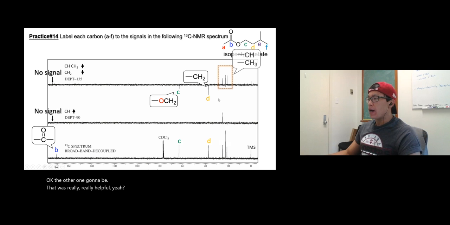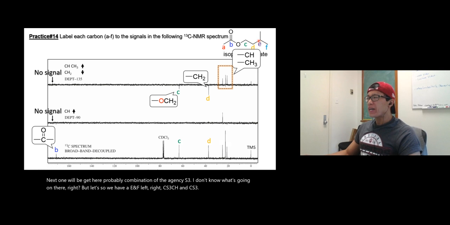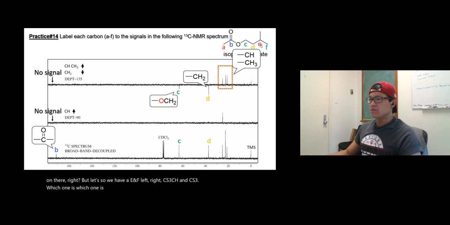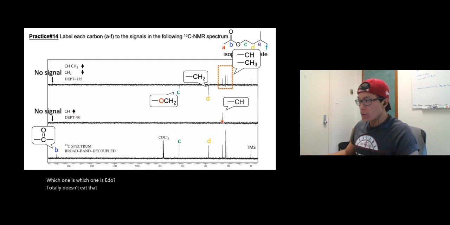Next one, what do we get here? Probably a combination of CH and CH3. We have A, E, and F left: CH3, CH, and CH3. Which one is E? Totally that's E, because in DEPT 90 only CH shows up.